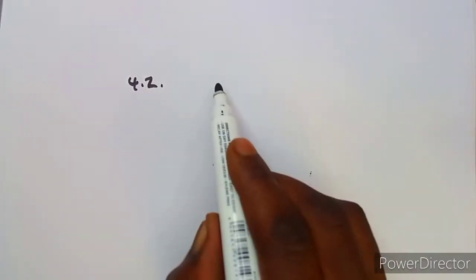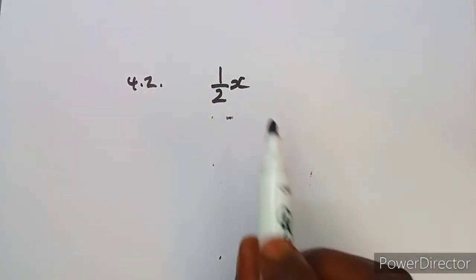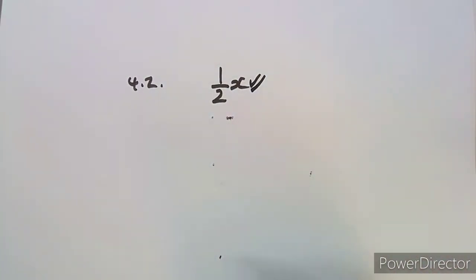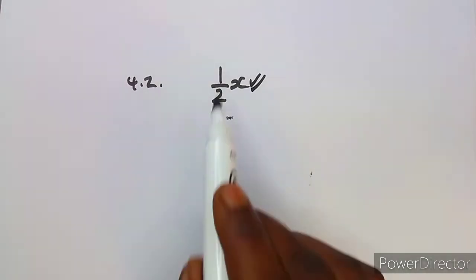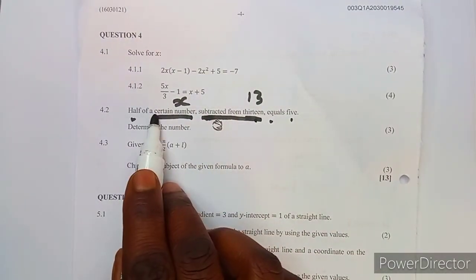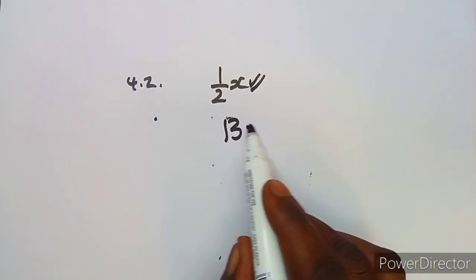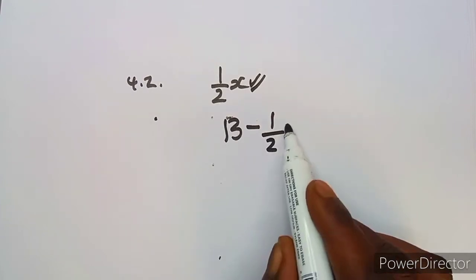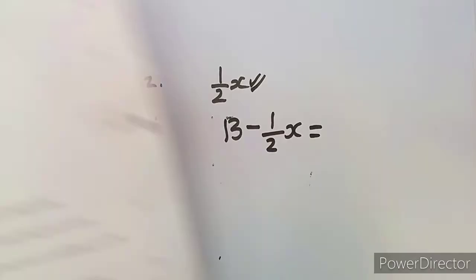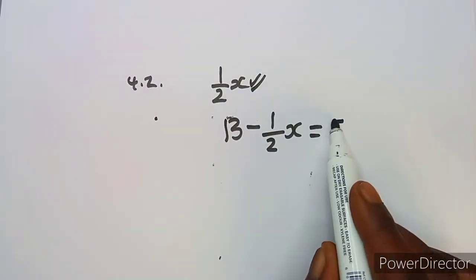There is half a certain number, so it's half of x. That's a certain number. This number was subtracted from, it was taken from 13, so it means 13 minus the number, which is half x. What do you obtain? Equals 5.